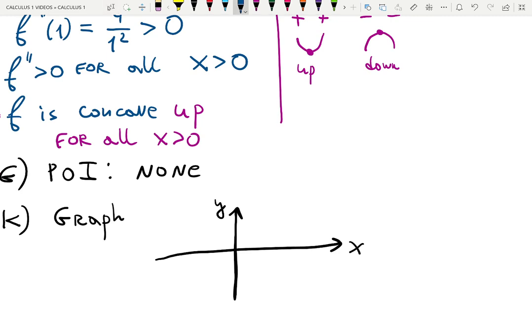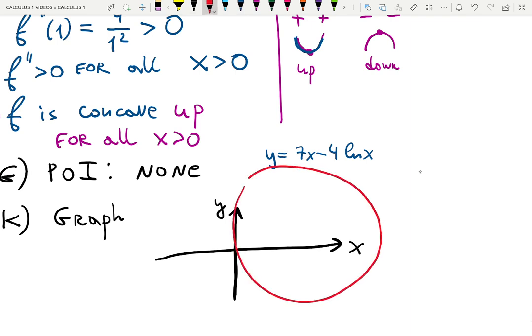So we're trying to draw the function 7x minus 4 ln x. We learned that it is always concave up, so it will be kind of like a cup or a smiley looking shape. It doesn't go to the negative side of 0 or even at 0. So it's only here. x has to be positive.